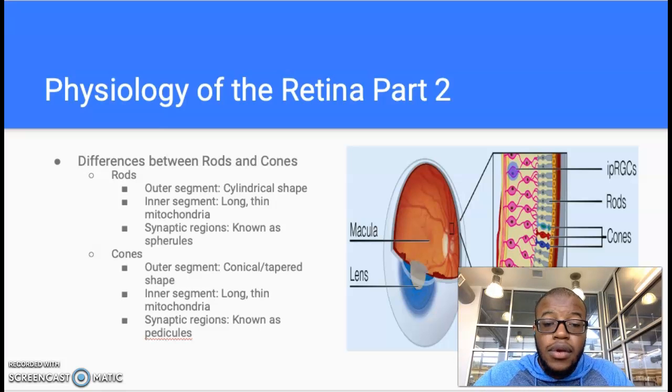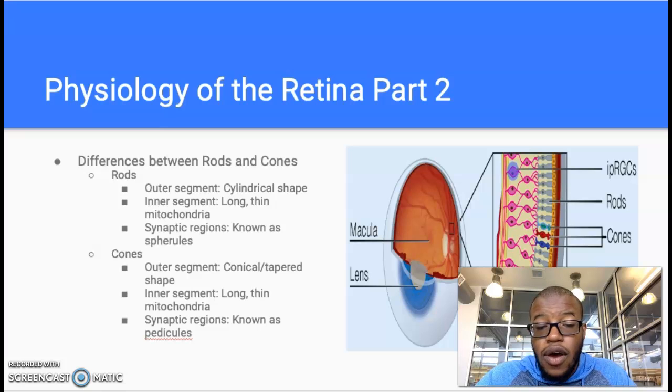Next is the next part of the physiology of the retina, which I will then go on to discuss the differences between the rods and the cones. The rod's outer segment is a cylindrical shape. The inner segment is long, has a long, thin mitochondria, and the synaptic regions known as spherules.